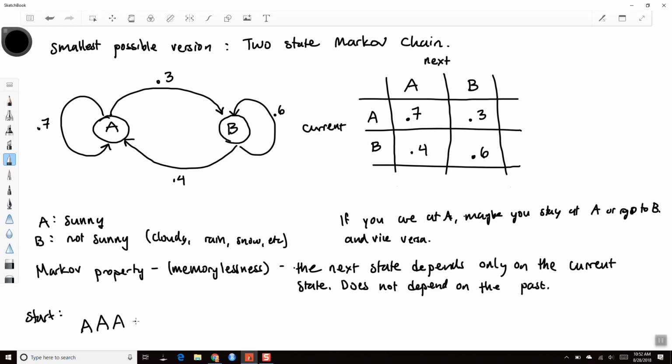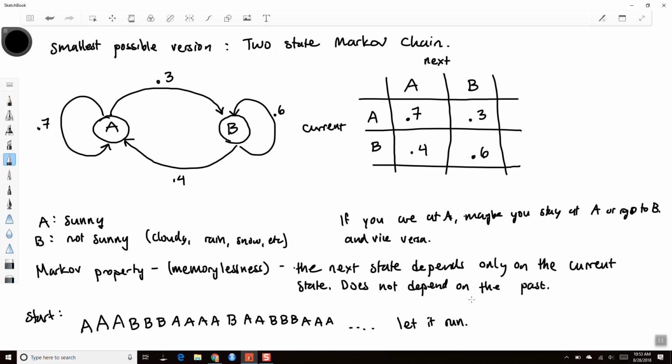And then you just keep kind of going around, and then maybe you end up at B. And you kind of get some kind of sequence like this, and you just let this run.